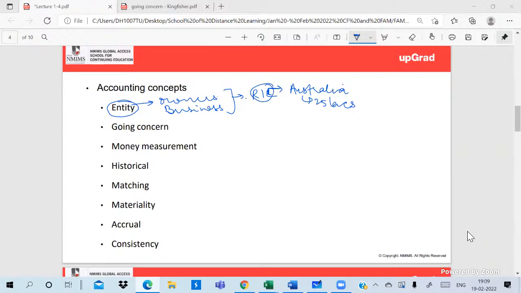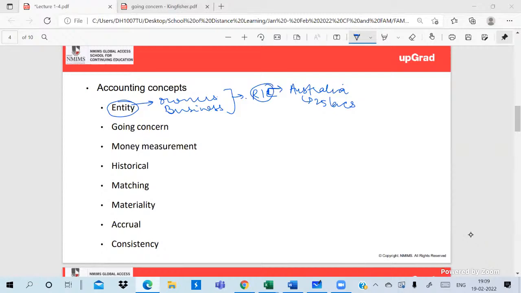It's done for the promoter. The promoter is different and the business is different. That's the meaning of a separate legal entity. I can't take the personal expenses of the promoters and claim them as an expense in my income statement. These are two separate legal entities.